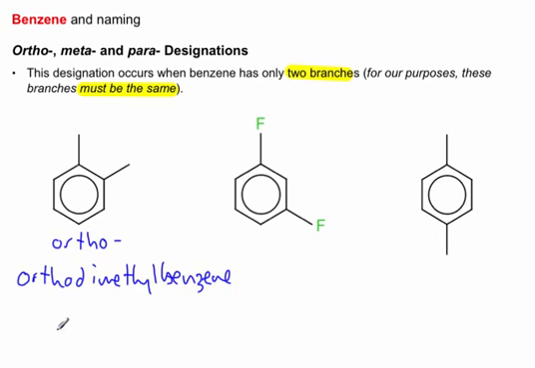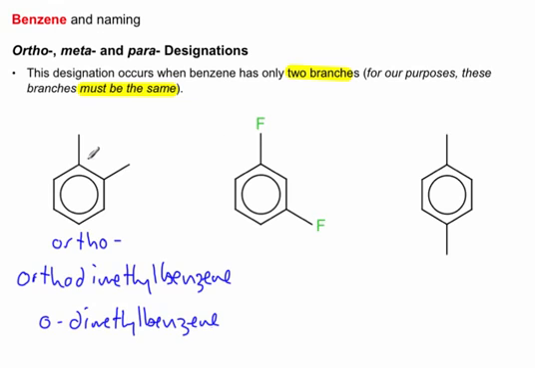It's actually quicker. Well, it is. So this is often shortened to ortho, as in o-dimethylbenzene. Okay, so ortho-dimethylbenzene, o-dimethylbenzene. And so here we have two fluorines.